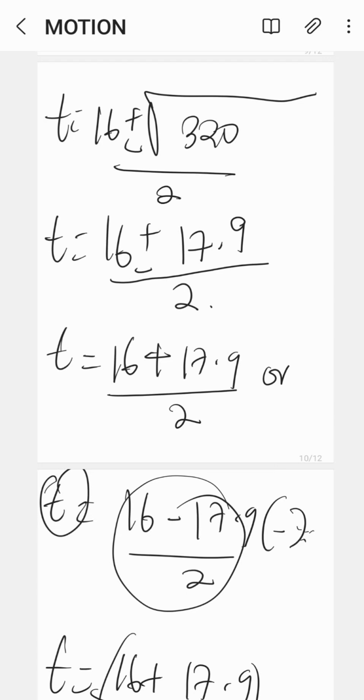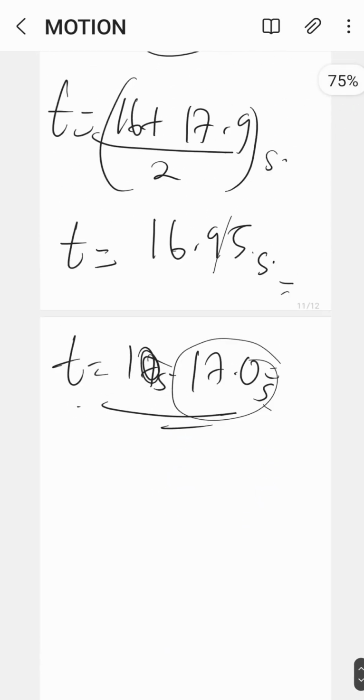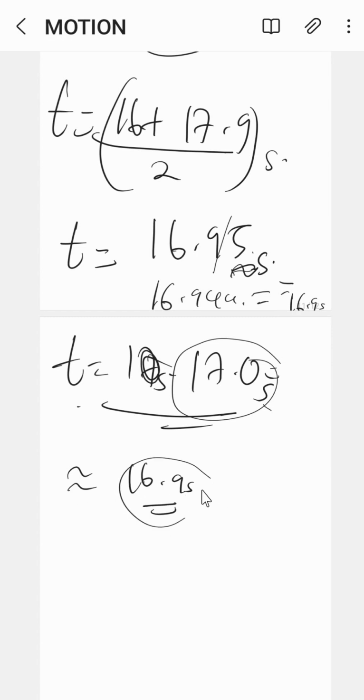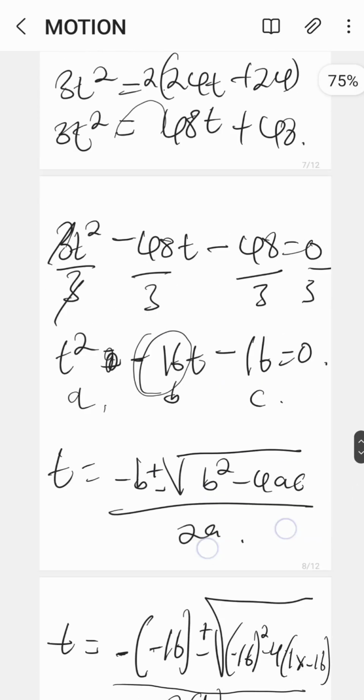So you can go directly and add 16, then divide by 2, which will give you 16.944, which we can then just say 16.9 seconds, okay? However, both answers are within range, so you can go with either. All right, so we continue to the next question.